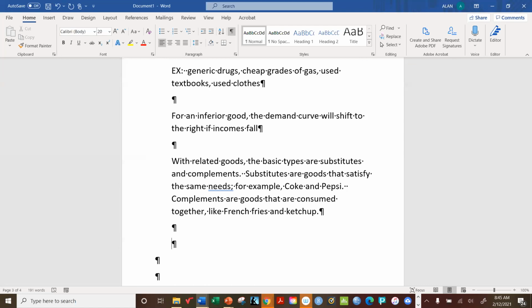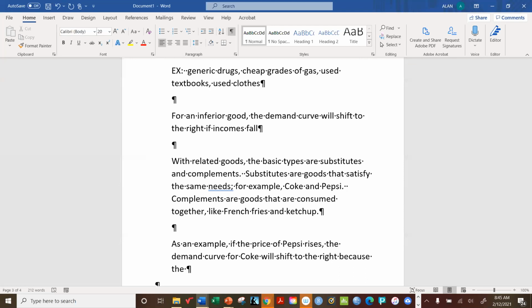But anyway, how does this work then? So, for example, if the price of Pepsi rises, the demand curve for Coke will shift to the right. Why? Because the Pepsi is now more expensive.